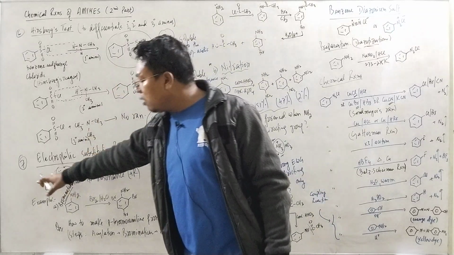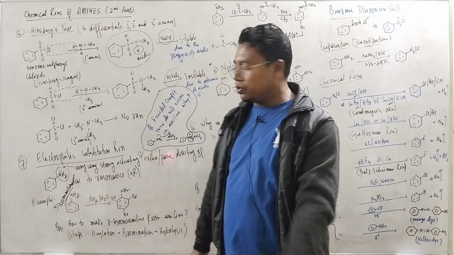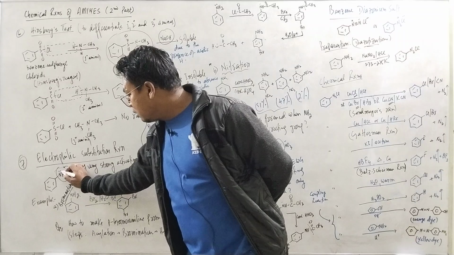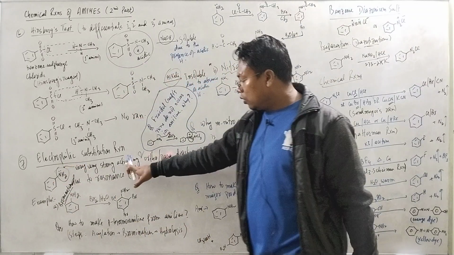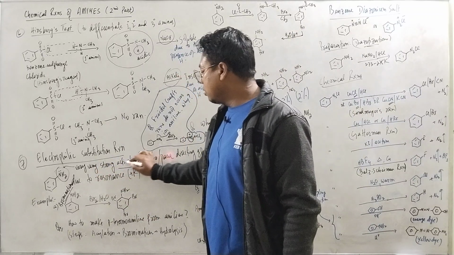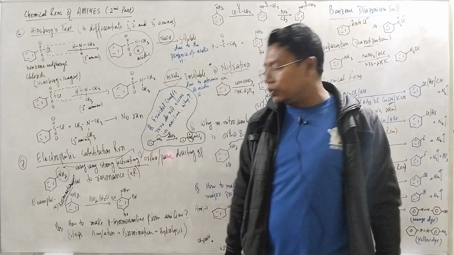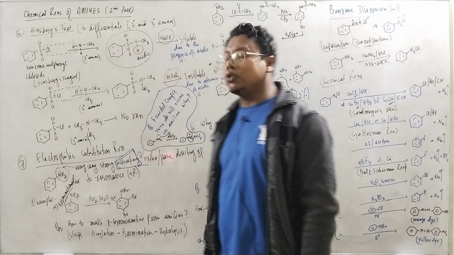The next reaction of amines is a very important reaction, that is electrophilic substitution reaction. In electrophilic substitution reaction of aniline, this NH2 group is a very strong activating group. This is a very strong electron donating group, not withdrawing group, due to resonance.